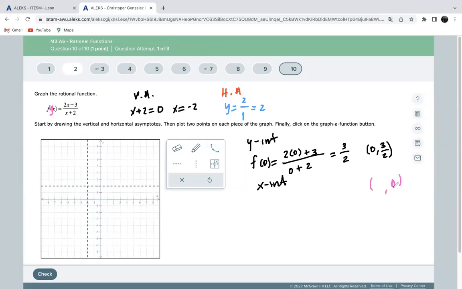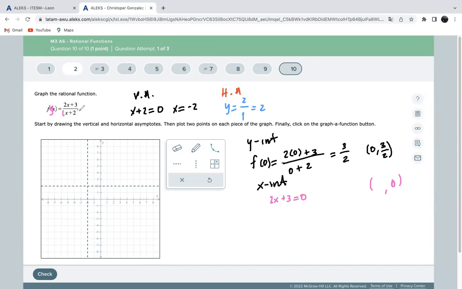And if you're stating that y is 0, automatically the numerator will become 0. So the x-intercept will be about the numerator, 2x plus 3 equal to 0.